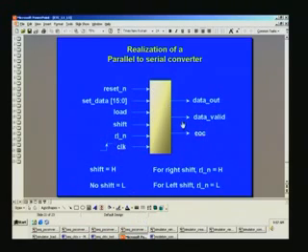And just to recollect what parallel to serial converter is, we have a reset, then you can set data through this and asserting load.